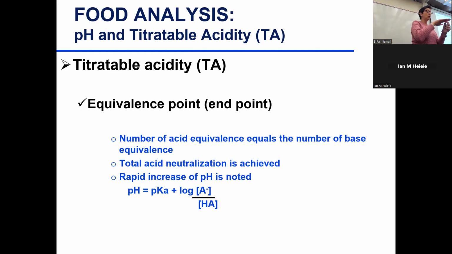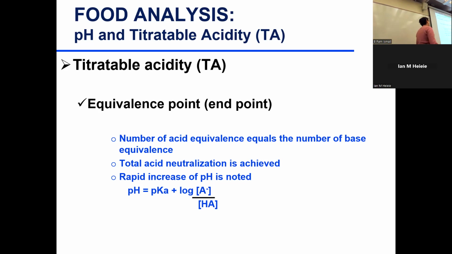The pH will resist change, and you keep titrating and titrating until all of your protonated acid is dissociated. When all of your protonated acid is dissociated, this becomes close to 0, you see a very quick spike in the pH. Once your pH spikes up, that's the end of your titration.